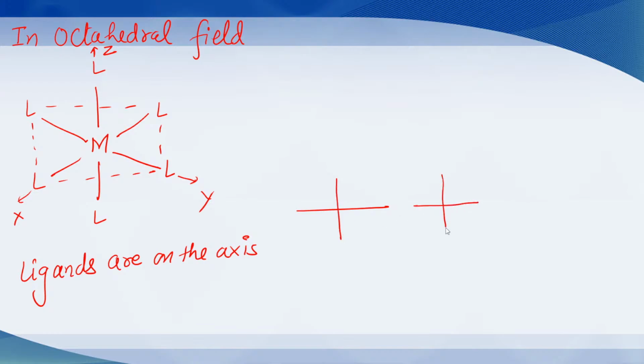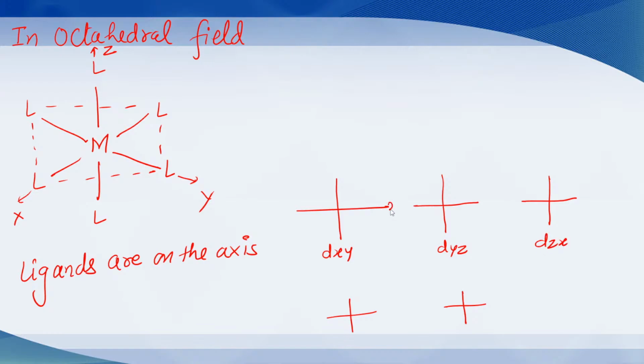In d subshell, how many d orbitals are there? Yes, 5. And their shapes are different, like dxy, dyz and dzx.